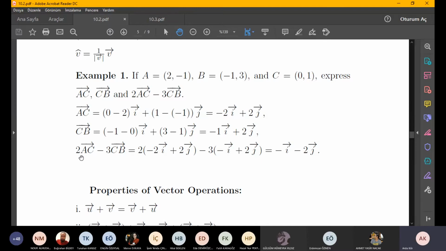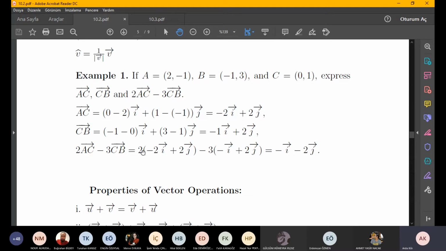So let's compute 2 times AC, and also we will compute -3 times CB. So this is a scalar multiplication of vectors. 2 is a scalar, so you need to multiply the components of AC by 2, or you make them double, you can say.